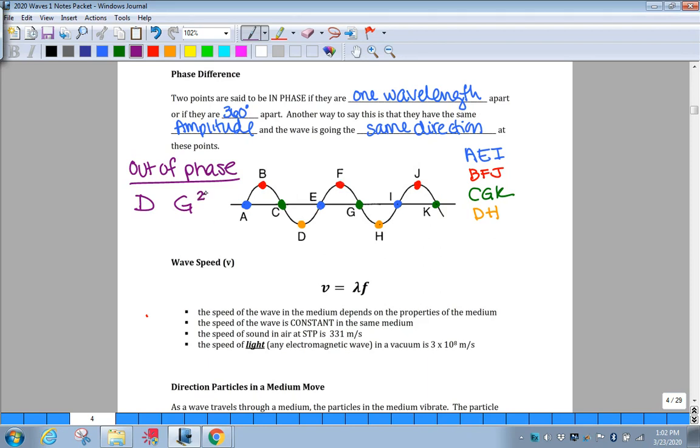So these guys are 270 degrees out of phase. All right. What about H and G? Well, not H and G. That doesn't make any sense. I pointed at F. F and G, they are 90 degrees out of phase. Okay. So to count up the phase difference, you have to look at how many degrees are separating the points on the wave. Okay? All right.